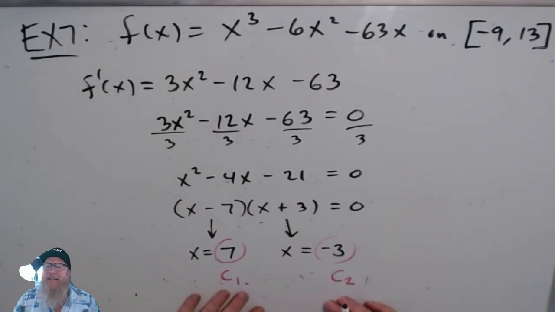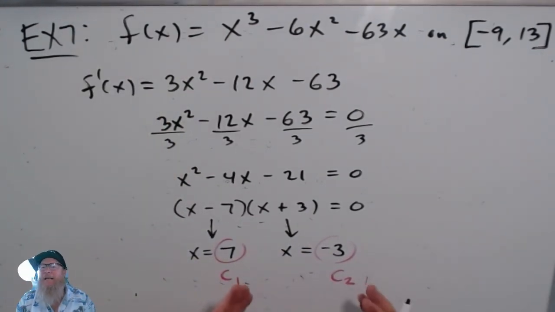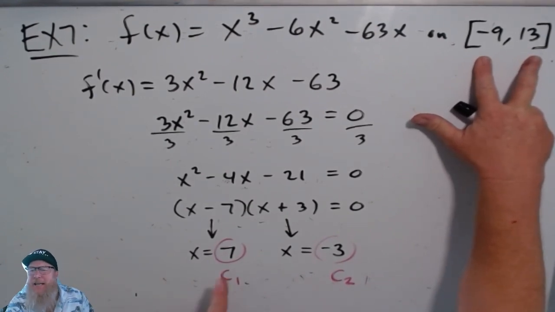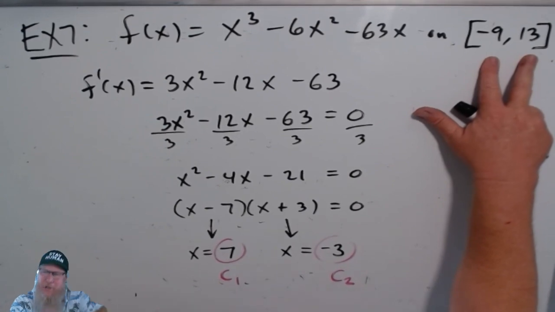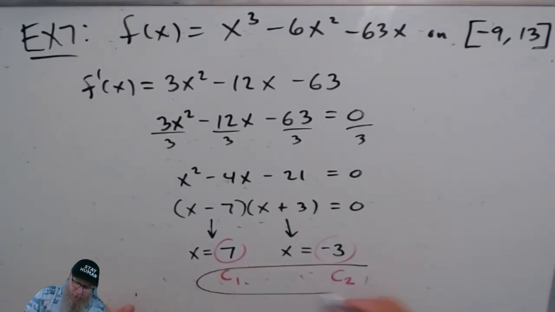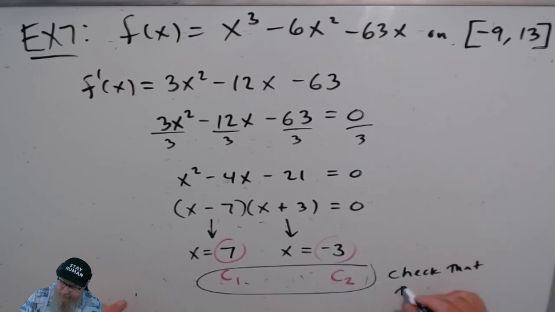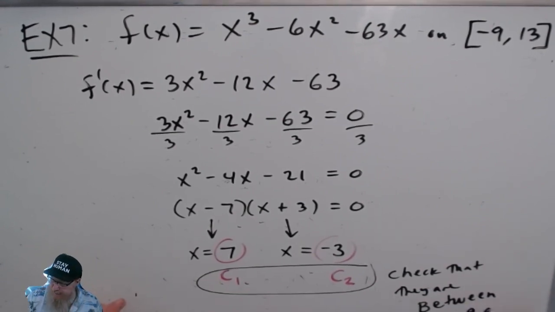All right. The C's are always between the two. We're only interested in the C's that are between the interval here. So if one of these C's is outside of this interval, then you could ignore it right now. So the C does have to be between. Now notice that both of them are between negative 9 and 13.